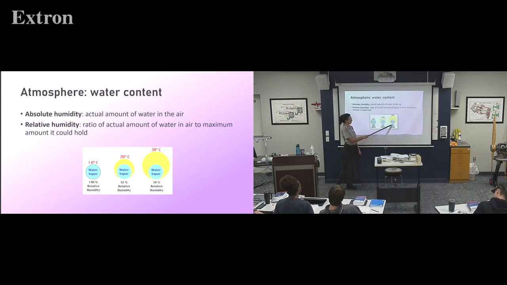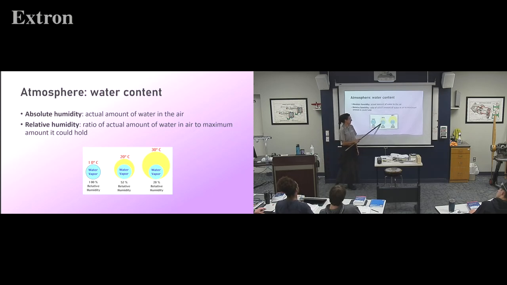So we would say, well, it's about 28% relative humidity because it could hold a whole lot more water vapor. As we cool that chunk of air down to 20 degrees Celsius, now the air is becoming more or less dense? More dense, because it's getting colder, the molecules are coming together.